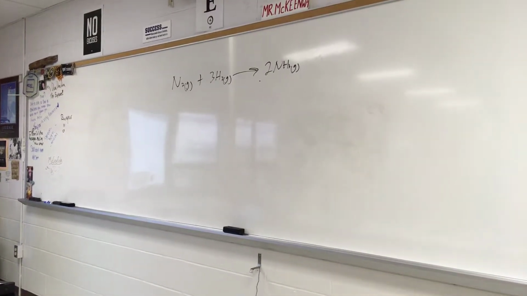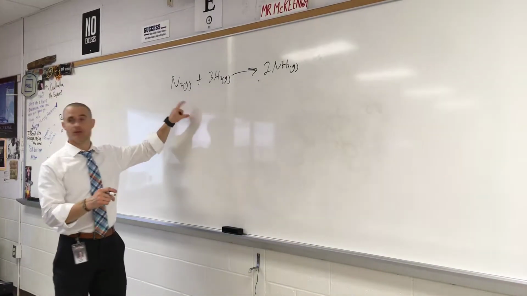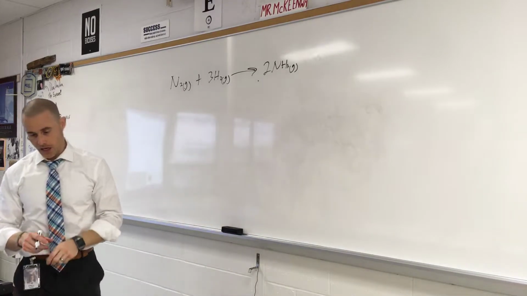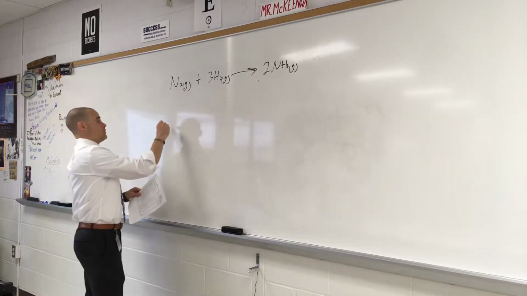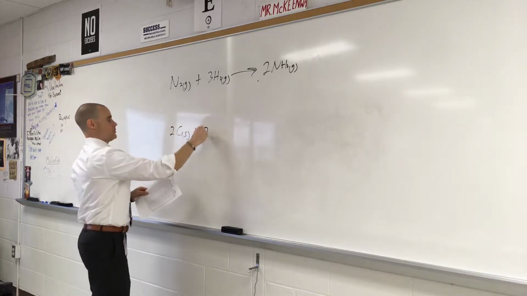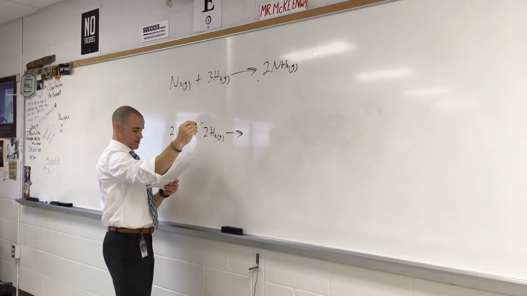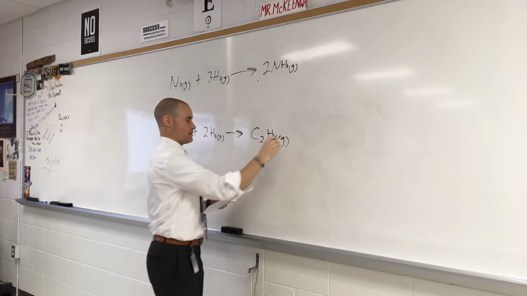Okay, so skip a line or two, maybe 2 lines, so you have some room to write. So skip 2 lines and write this other reaction down. 2 carbon solid plus 2 H2 gas yields C2H4 gas.